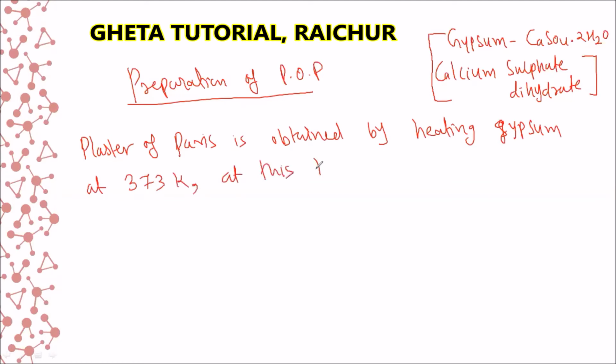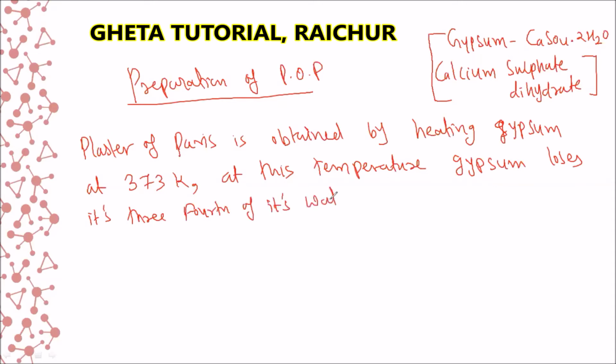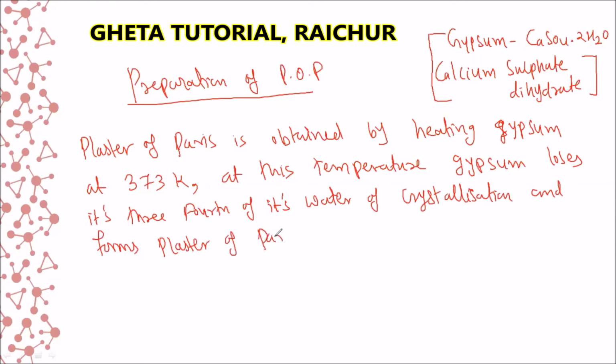At this temperature, gypsum loses three-fourths of its water of crystallization and forms plaster of Paris. So if you want to obtain plaster of Paris, we have to heat gypsum at 373 Kelvin.